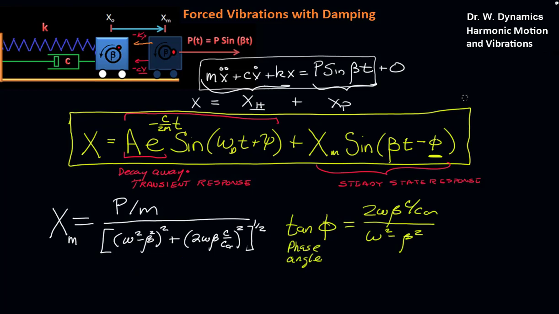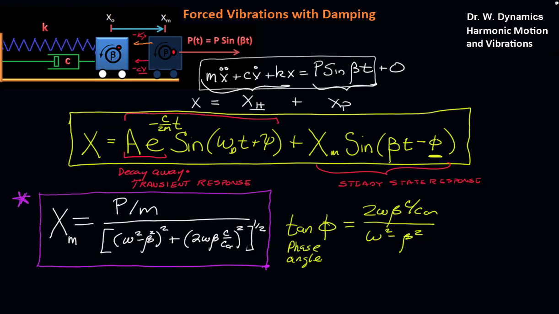And the phase angle represents the difference between the applied force and the resulting steady state vibration. In general, x max is going to be the term that we want to find for the steady state amplitude effect on our system with the damping and a driving force included.